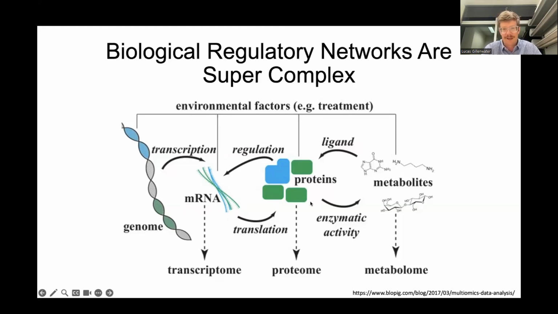This protein can have enzymatic activity that's going to cause a metabolite to change into a different product, but then different ligands can signal proteins to either increase or decrease their enzymatic activity. And then all of these things may be affected by various environmental factors, from a particular drug that someone is on, or even other things within what we might call our exposome, the exposures that we have within the environment. And so we're utilizing deep learning to better understand these features.